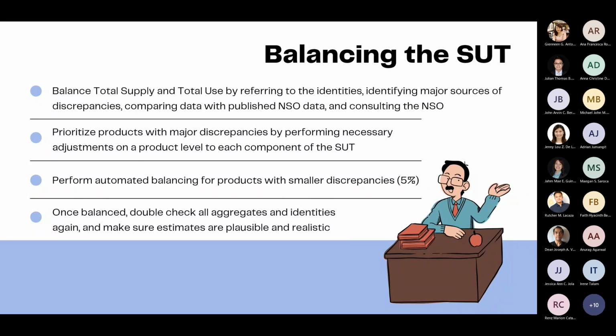So a possible rule could be that you can try offsetting these discrepancies using household consumption data for consumer goods. If capital goods, you can go to GFCF. If spare parts, you can make adjustments in your changes in inventories. Or if these are inputs to other products in the use table, you can use intermediate consumption.